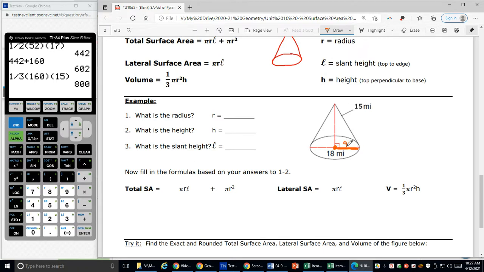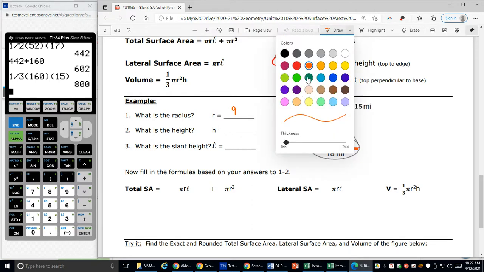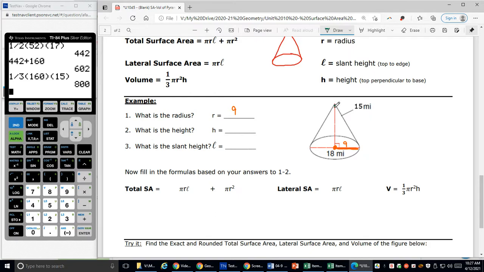My radius here is 9. My height is dropping straight down. Oh, they didn't give it to me, right? Because they gave me my slant height. My slant height is 15.